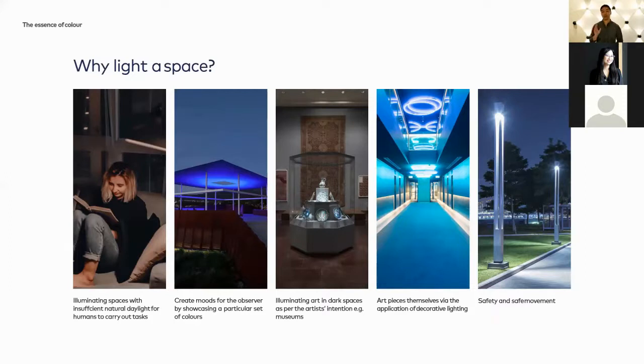These are just a few examples of how artificial light impacts us on a daily basis. So the harmony between colour that we're surrounded by and artificial light itself is extremely important. And here as lighting professionals and all who are dialing in today, hopefully we'll uncover a bit of that.